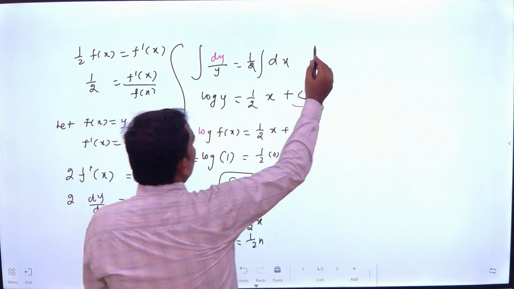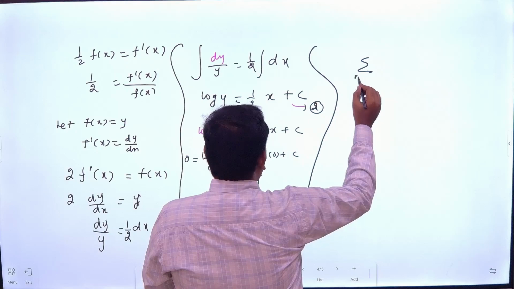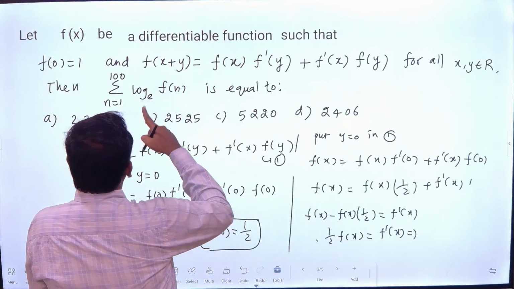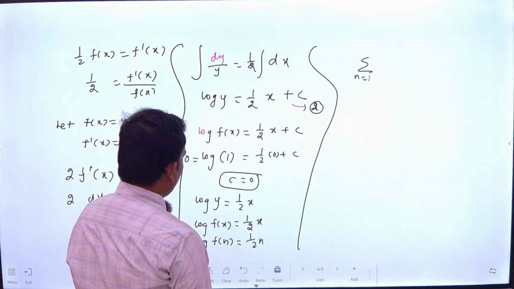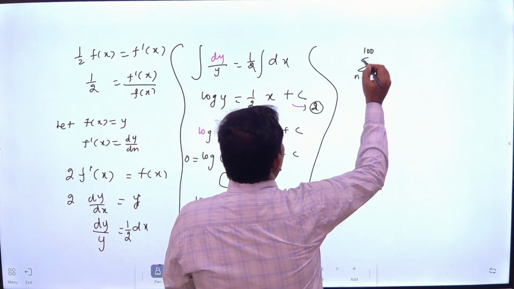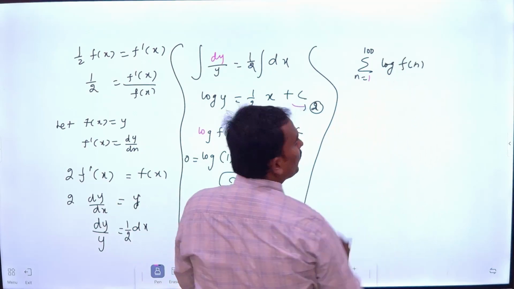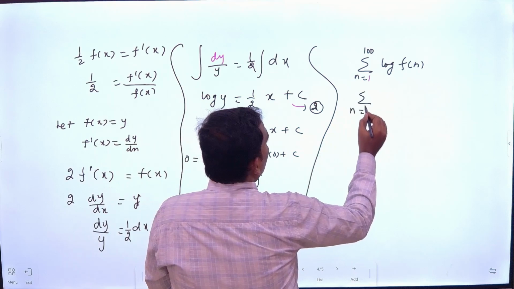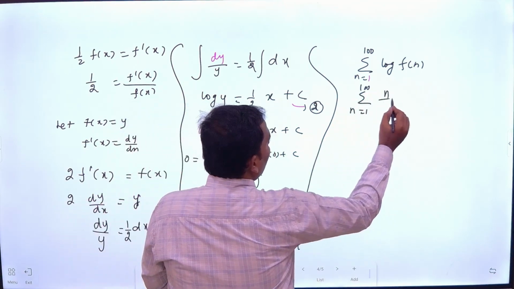Now what they're actually asking is the summation, n varying from 1 to 100. Understood? 1 to 100 log f of n they're asking. But log f of n is what actually? It will be n by 2.